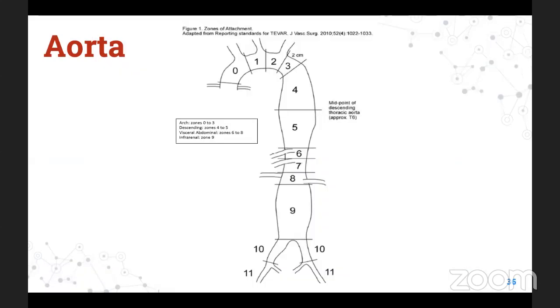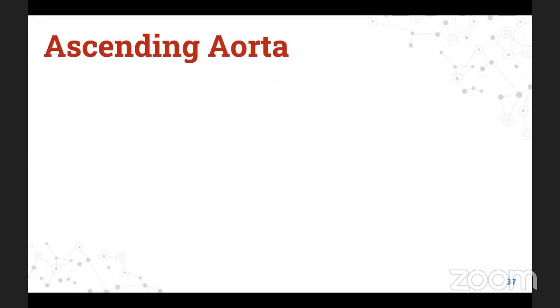And we should keep in mind that the aorta can be divided into 12 zones that help with endovascular work, considered as the landing zones. Now we'll talk specifically about each segment of the aorta.